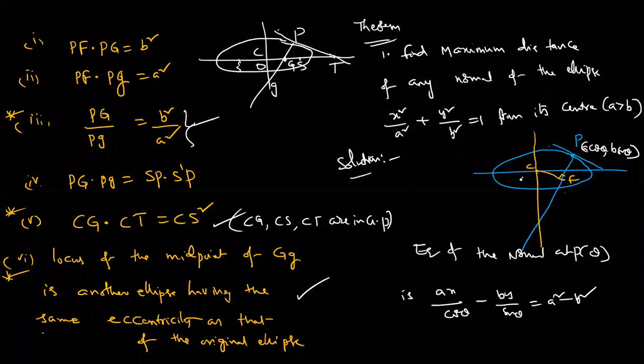Now, as usual, the center is 0, 0. Drop the perpendicular distance. The formula is modulus of ax1 plus by1 plus c by root over a square plus b square. This is 0, 0.